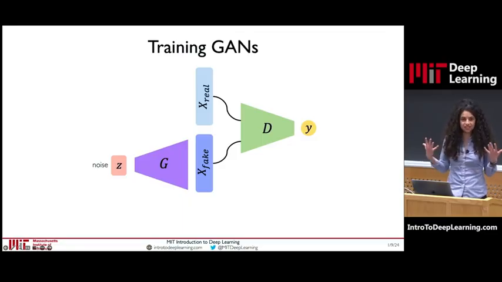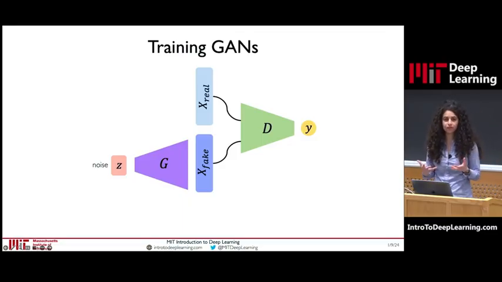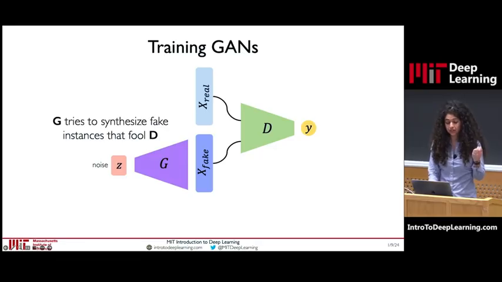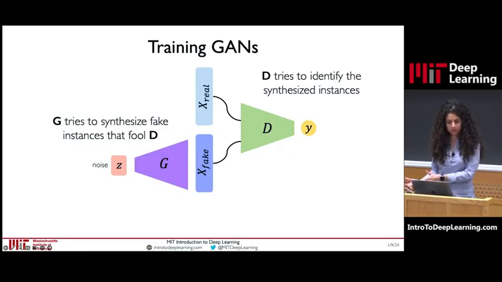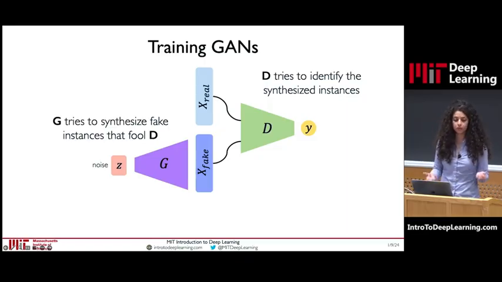So this is the summary and the concept of this framework behind the setup of the GAN, where you have a generator component, this network G, that is trying to synthesize fake data instances to fool the discriminator, while conversely, the discriminator is trying to identify the synthesized fake instances from examples of both real and fake.